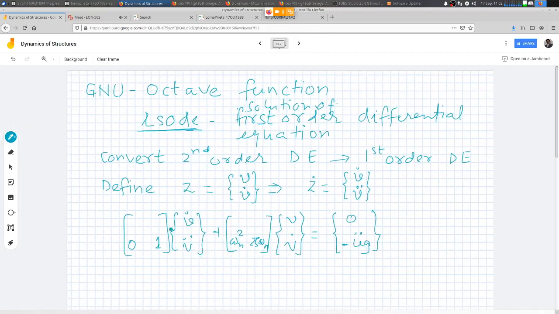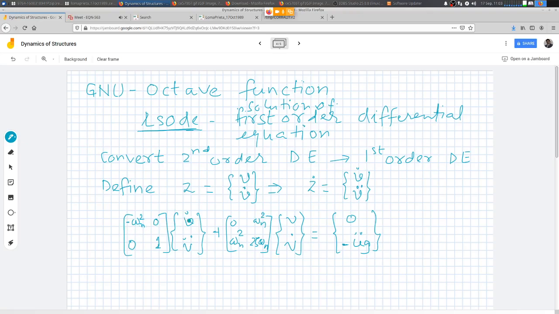First row of the equation, we can just have it as minus omega n square, 0, 0, omega n square. What does it say?